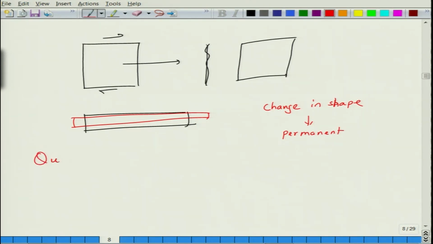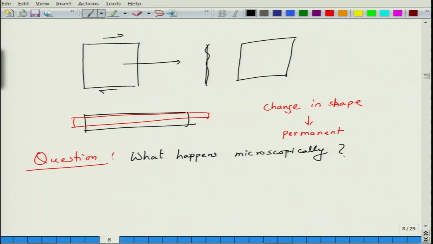So, the question we ask is, what happens microscopically? Within the material, because the material is made up of atoms, right.